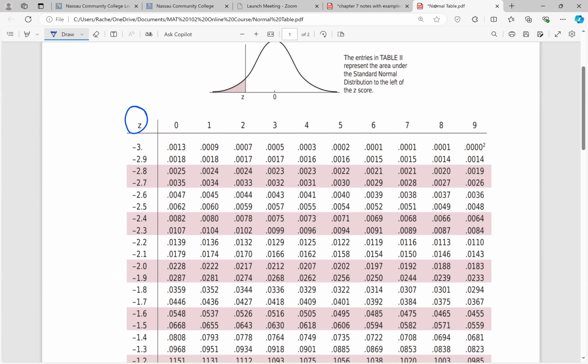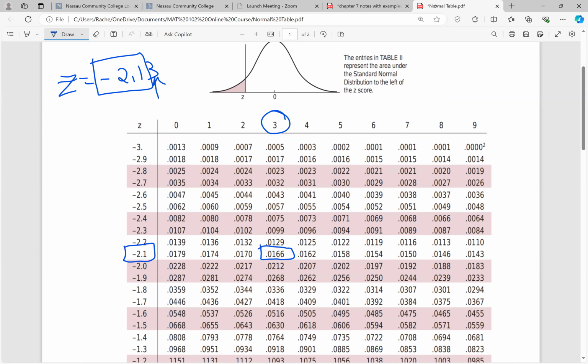So if we want to look up Z equals negative 2.13, I'm going to look up negative 2.1 because that's the ones in the 10th spot. And then the 3 is in the 100th spot, so I have to look across the top and find the number in the 100th spot. So that would be a z-score of negative 2.13.